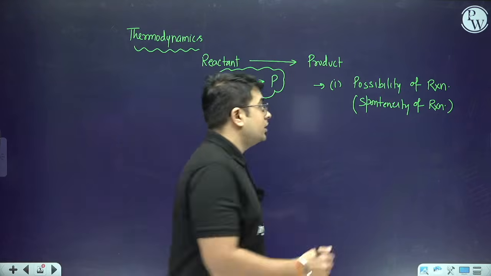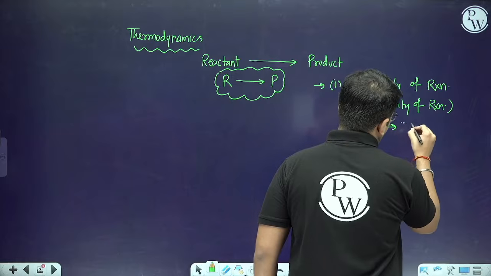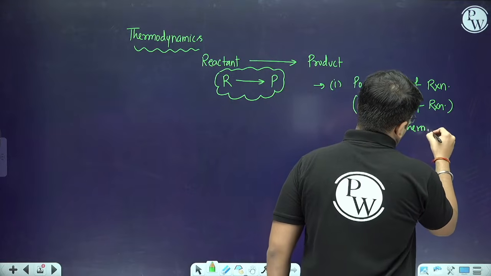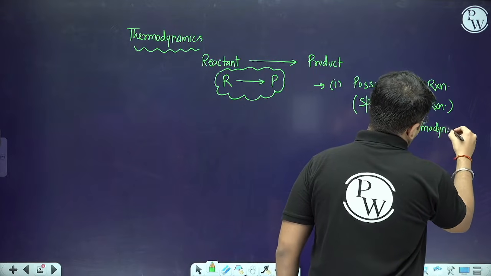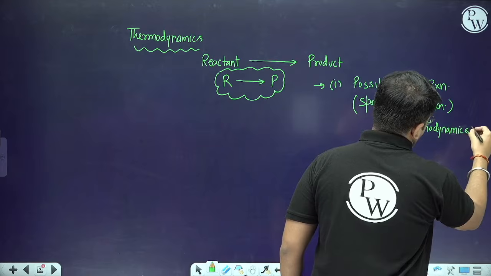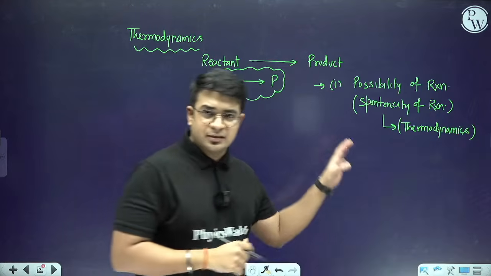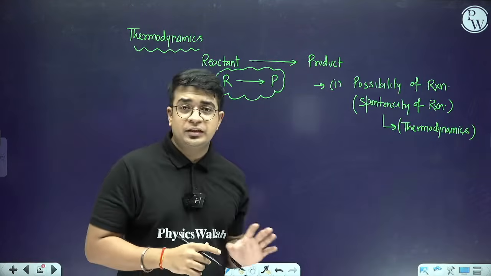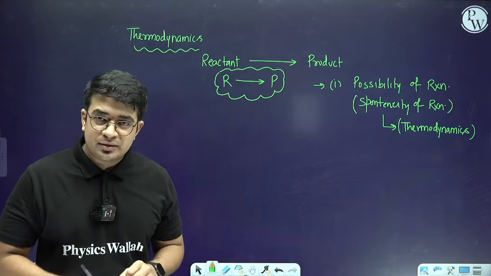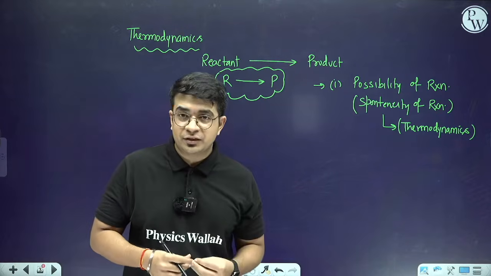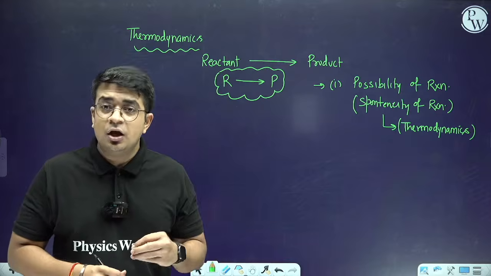This question can be answered with the help of thermodynamics. That's why this chapter is very important. It's one part of the chapter that we are going to deal with: the spontaneity of the reaction, whether a particular reaction is possible or not.